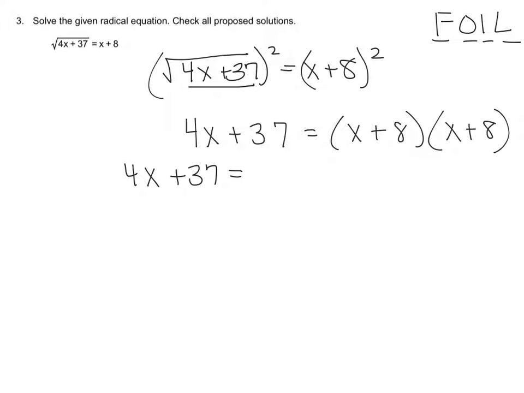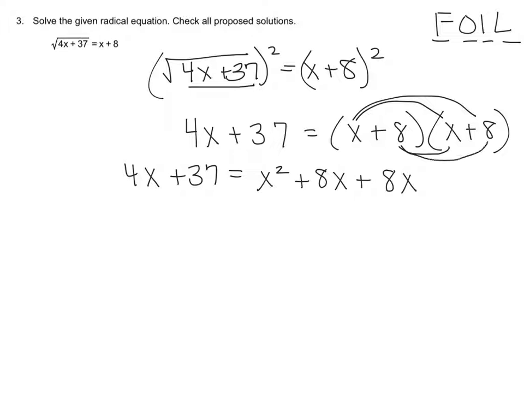This tells me which terms to multiply in which order. x times x gives me x squared. x times a positive 8 gives me a plus 8x. 8 times x gives me a positive 8x. And 8 times 8 gives me a positive 64.